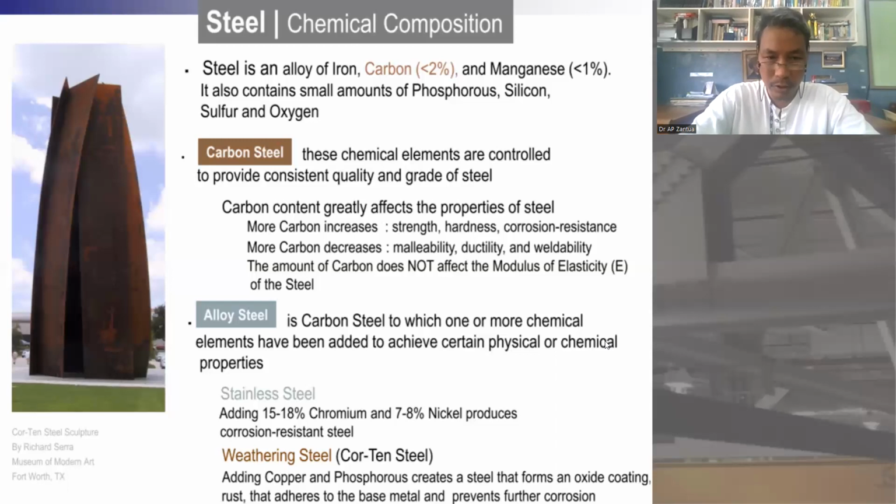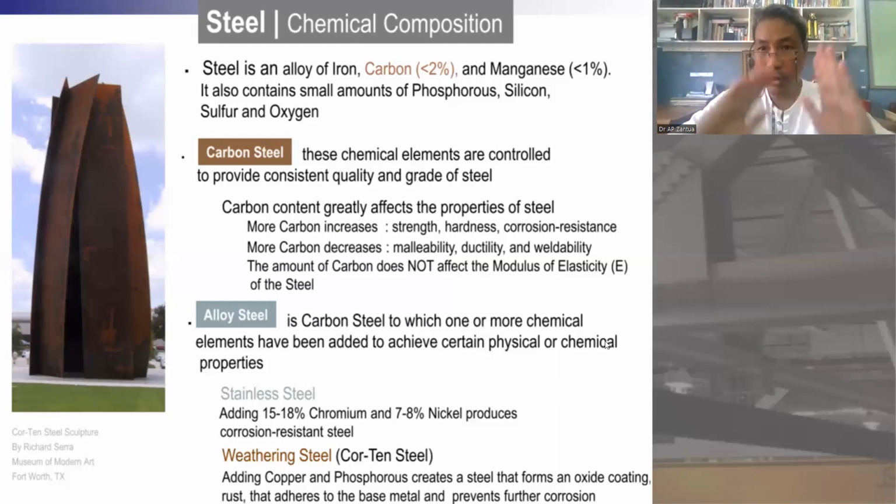Another example is weathering steel. Stainless steel obviously prevents corrosion, but weathering steel, or what we call curtain steel, adds copper and phosphorus and creates initial corrosion on the surface.